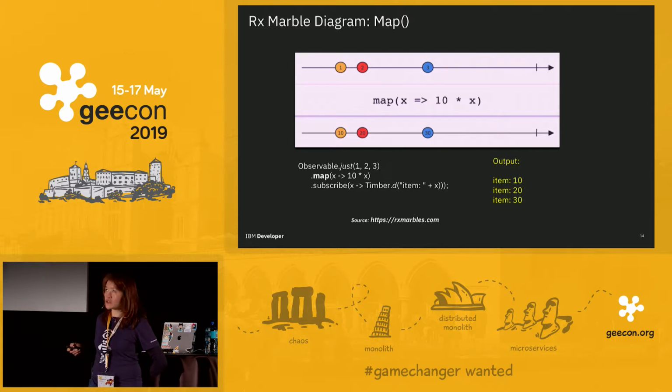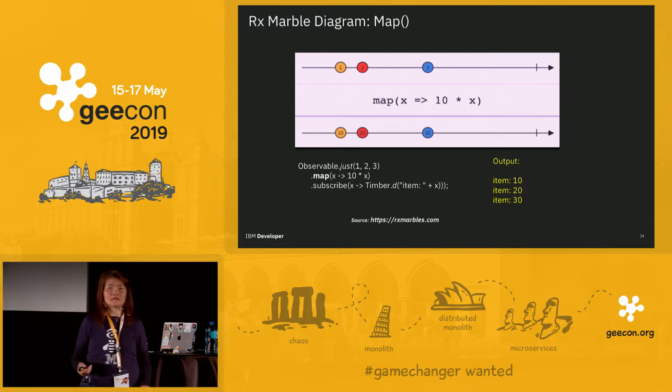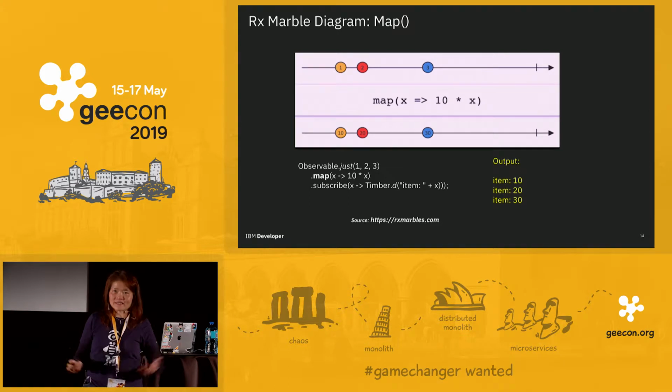One thing I want to point out is that reactive programming is a declarative style, as opposed to the traditional style that a lot of us are familiar with when we first started programming, right? That's imperative style, more blocking style.